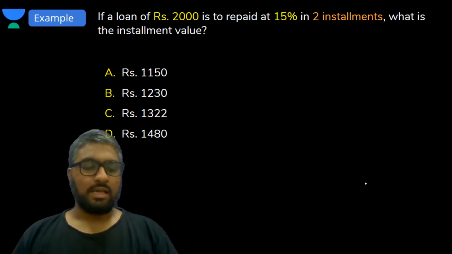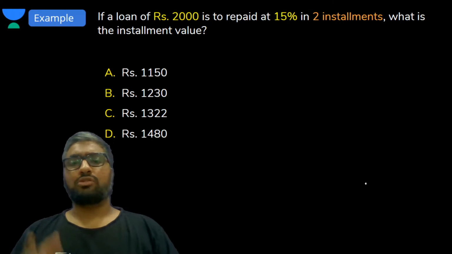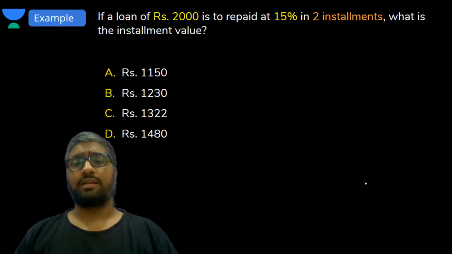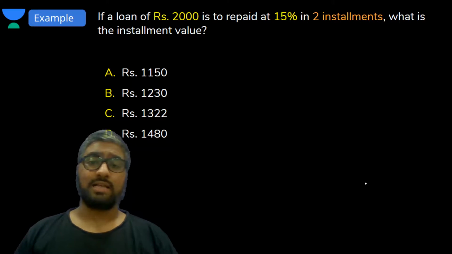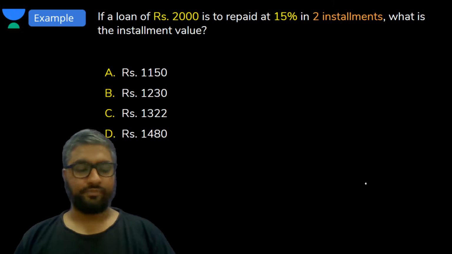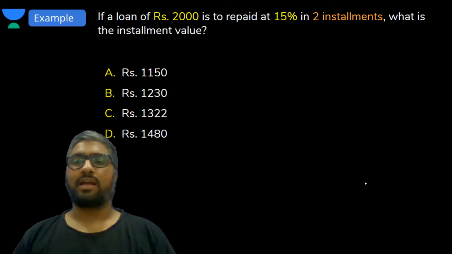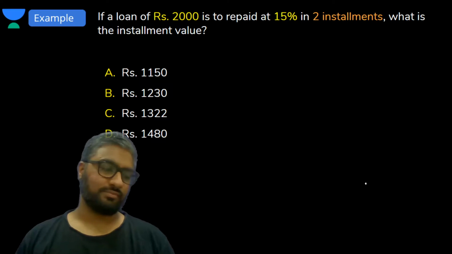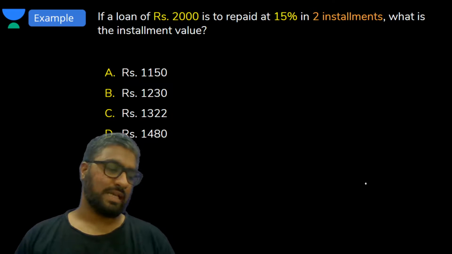What is the principal? 2,000 rupees. It is to be paid at 15% interest for 2 installments, right? They are asking for the installment value. Go ahead, answer this. Then we'll see if we are able to understand installments. Try this.